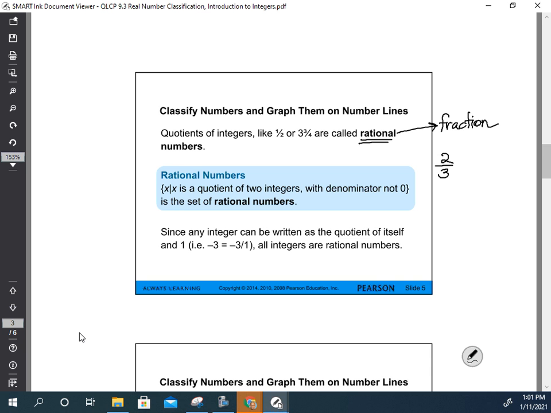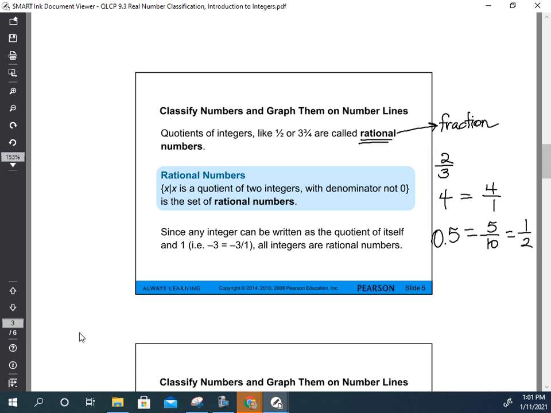Why? You can write it as a fraction. 4 is a rational number because you can write it as 4/1. 0.5 is a rational number because you can write it as 5/10, which is the same thing as 1/2. So a rational number is any number you can write as a fraction.